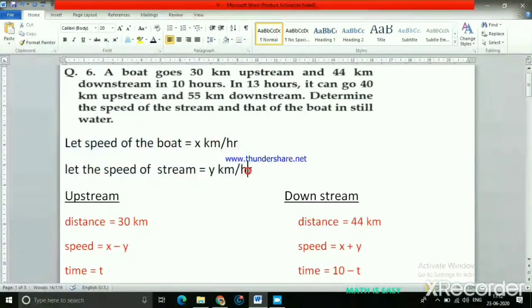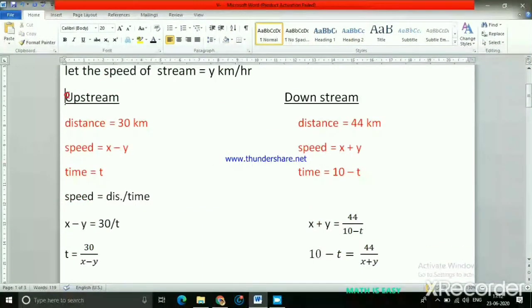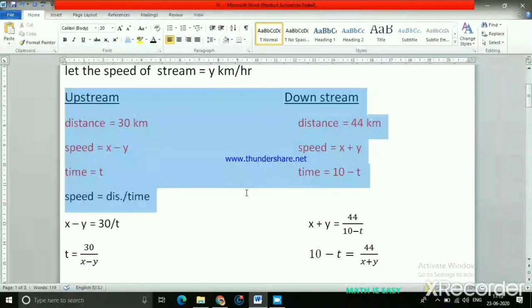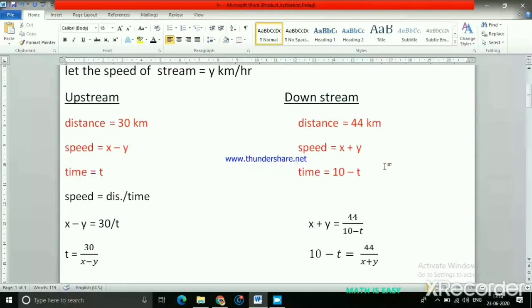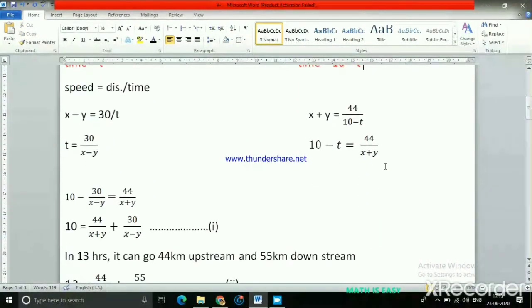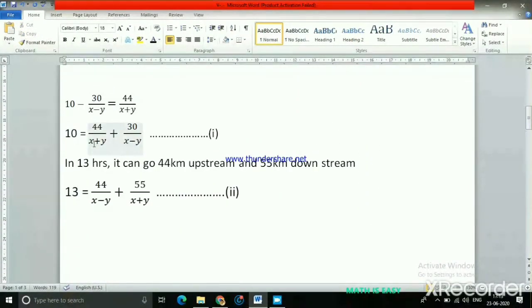Then you can skip the steps written in the red color. Then directly you can write equation 1 and equation 2. It is allowed in the exam. No mark will be deducted.